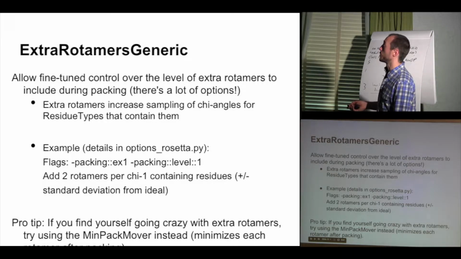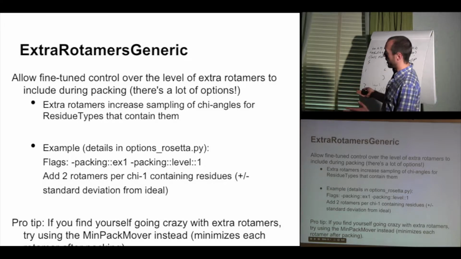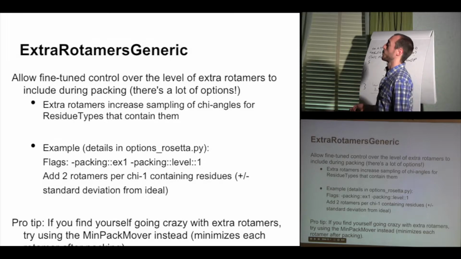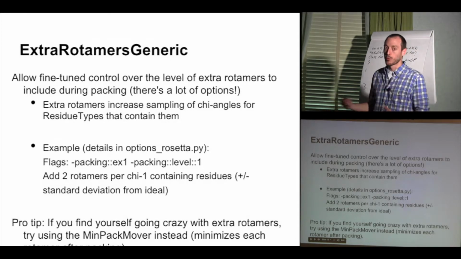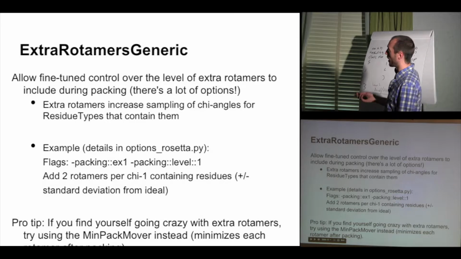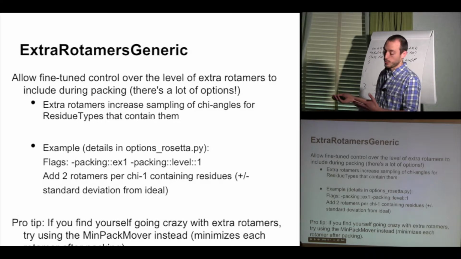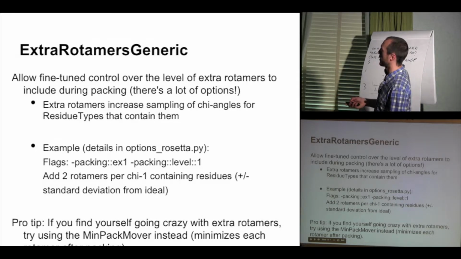So extra rotamers, generic is a task operation that I wanted to highlight just because it exposes some of the ability to add more rotamers to a rotamer set that's in the PackerTask. This extra rotamers allows some fine-tuned control over how many extra rotamers based on chi angles are going to be added to your PackerTask.